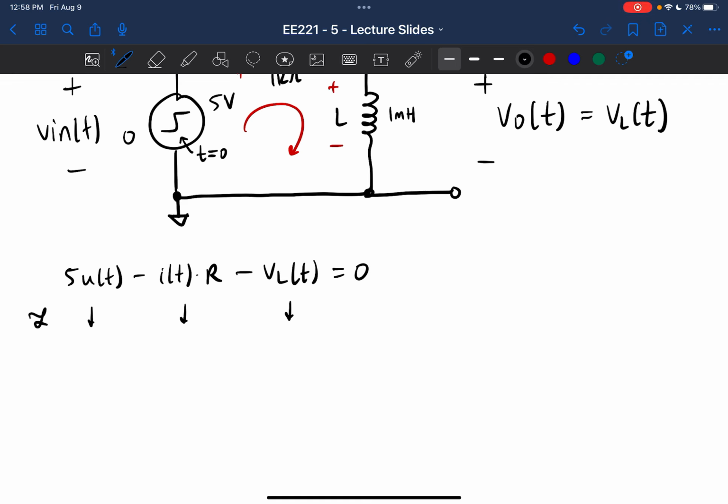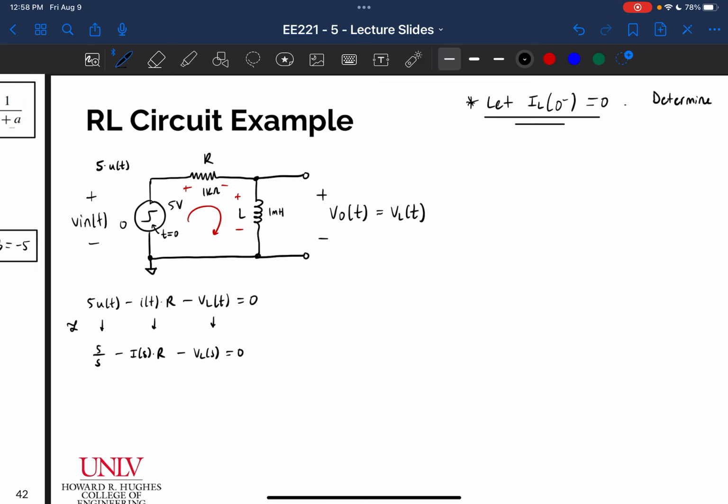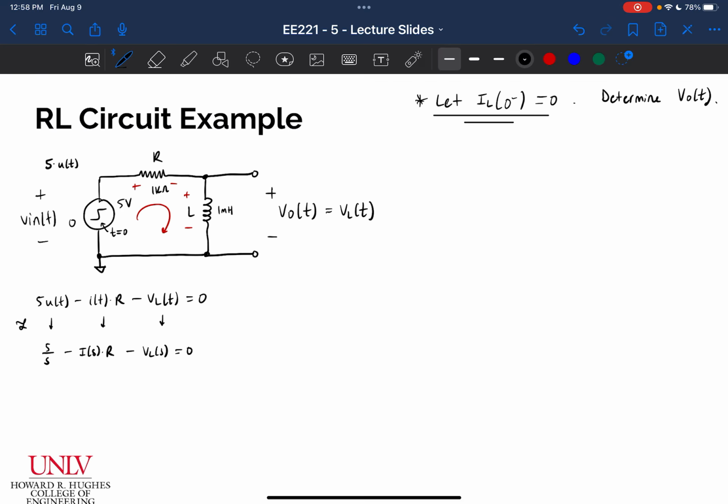In each of these cases, we know that this is going to become 5 over S. This is just going to be I(S) times R for now, and then this is going to become VL(S) equals 0. And so let's just recall that for an inductor, the voltage across the inductor as a function of t is equal to L di_L(t)/dt, right?